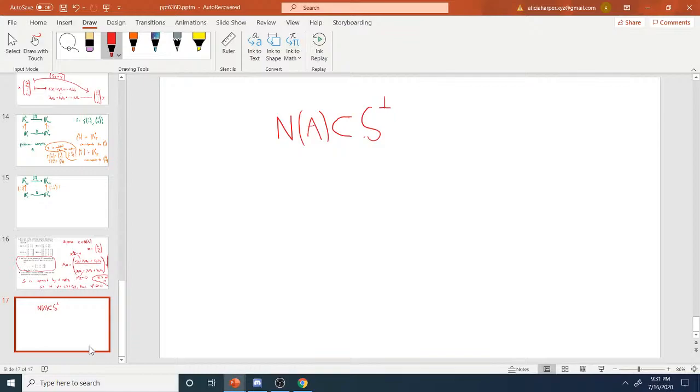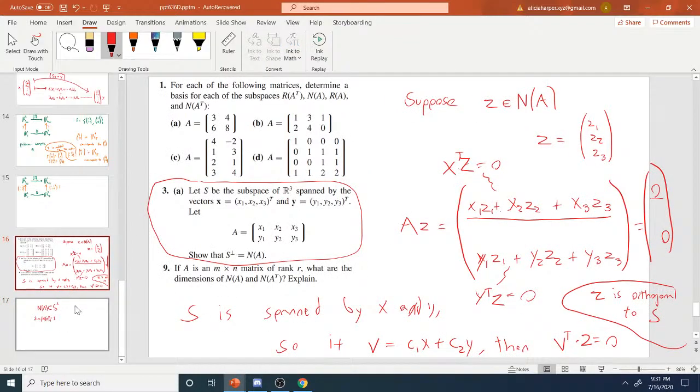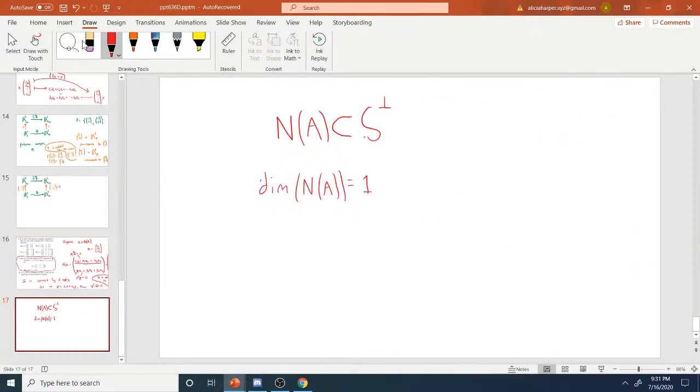Now we also know another fact. One fact is that the dimension of the null space of A is 1. Actually, that's not necessarily true. So, how should I phrase this?